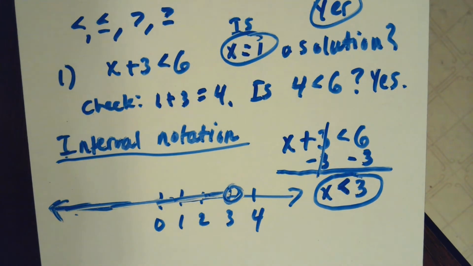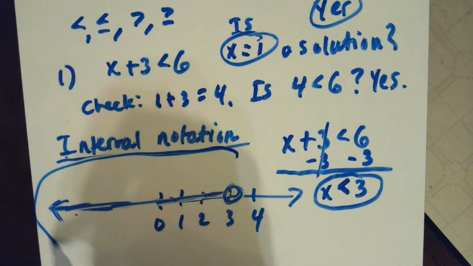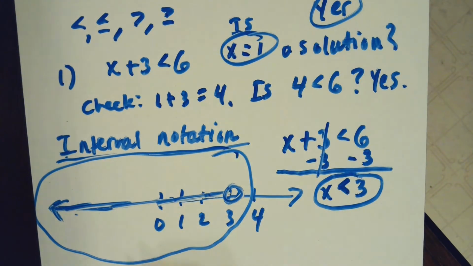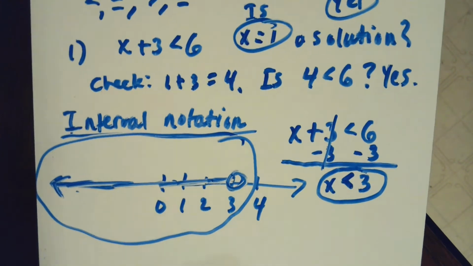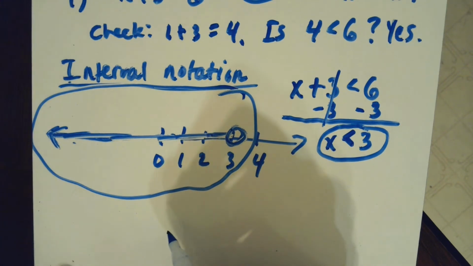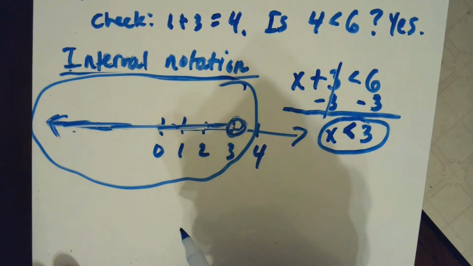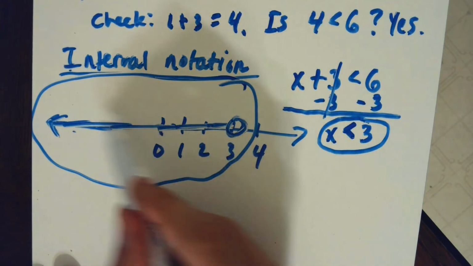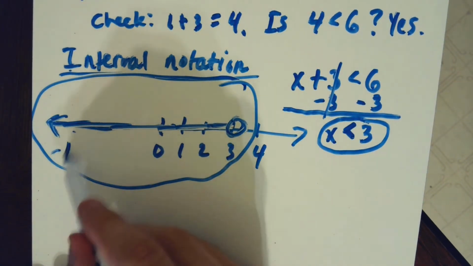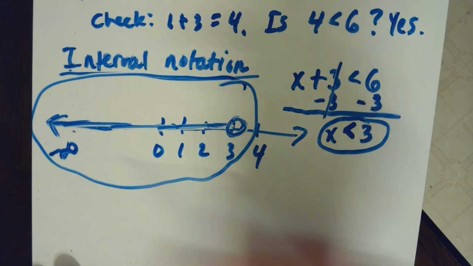So now the next thing we want to do is write this in interval notation. Well, we want to know what this interval is, in other words. When you're doing interval notation, you want to think about it in terms of what the lowest number is, and then what the highest number is. Let me show you what I mean. In this instance, notice this line goes out forever to minus infinity. It just keeps going forever and ever without stopping.